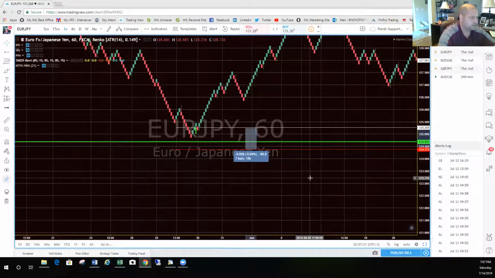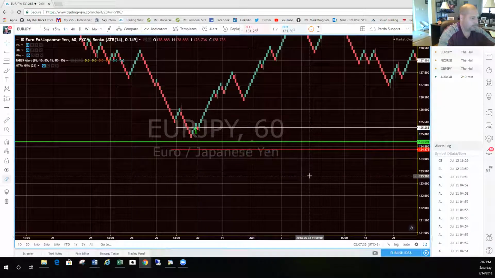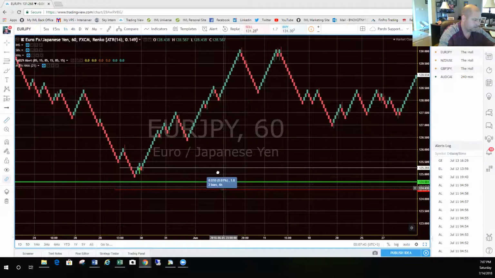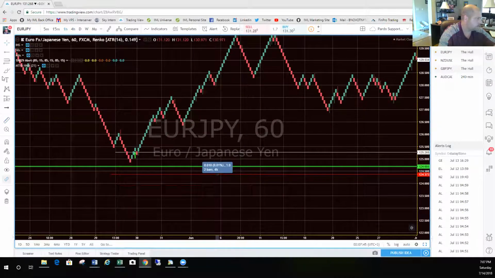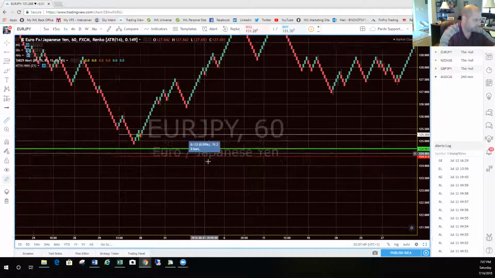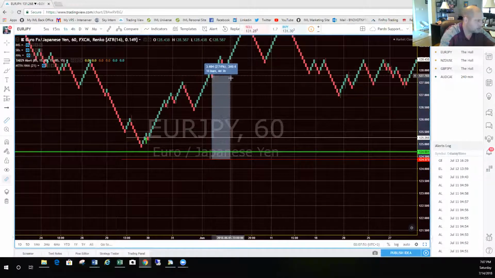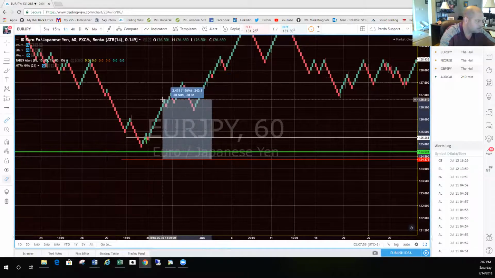Okay. So for a 1 to 3 risk reward ratio, you're going to want to be at least 3 times that. So you're going to want it to be 240 or above, roughly. So let's see, right around there.